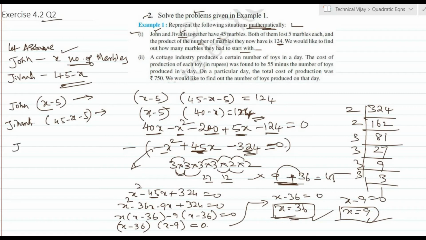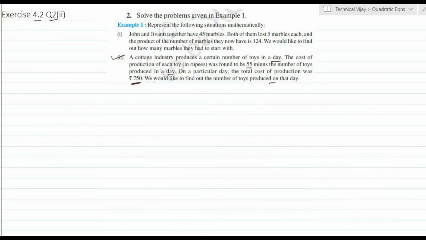So John is having 36. Then Jivanti is having 45 minus 36, that is equal to 9. So 36 and 9. Now we will solve exercise 4.2, question number 2, in that second portion.